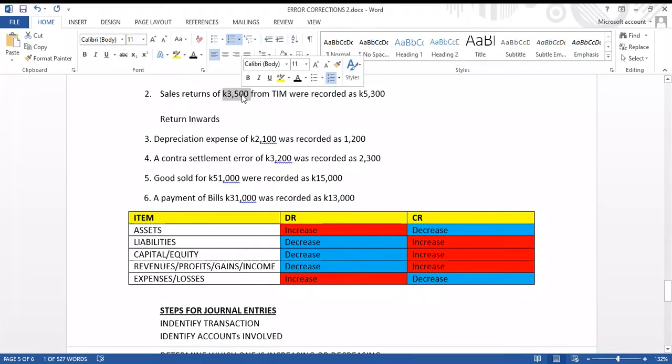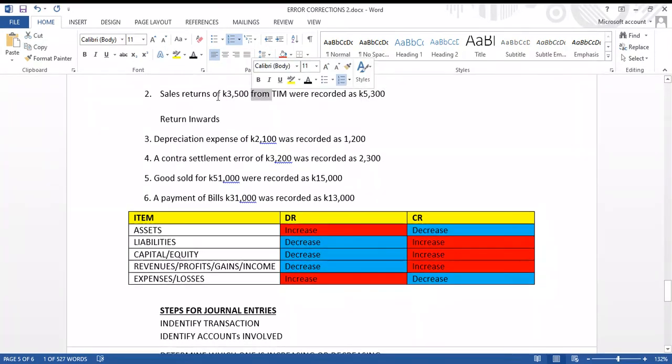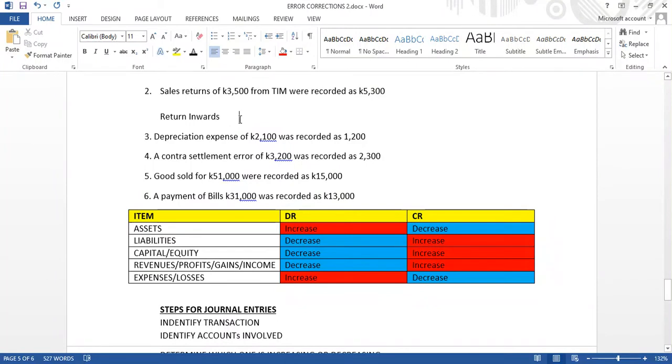The numbers have been mixed, and again we see an overstatement. An error of transposition is treated the same way as an error of original entry. The only difference is that whenever you subtract the wrong amount from the correct amount, that number will be divisible by 9. That's how you know it's an error of transposition. So return inwards, the transposed amount, which is overstated, is 5,300.